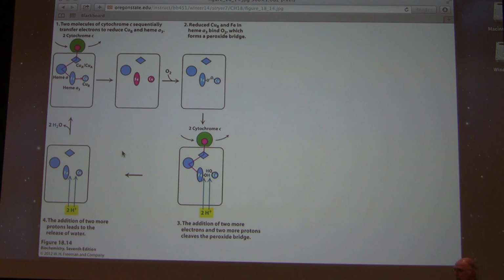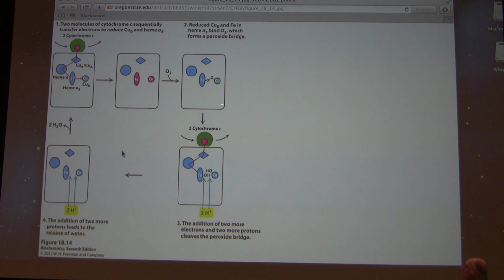Remember, oxygen is going to be the terminal electron acceptor. Oxygen comes in, and it sees these electrons, and it binds, making a peroxide bridge like we see here. And that peroxide bridge is taking those electrons away because oxygen is very electronegative and grabs electrons for itself.